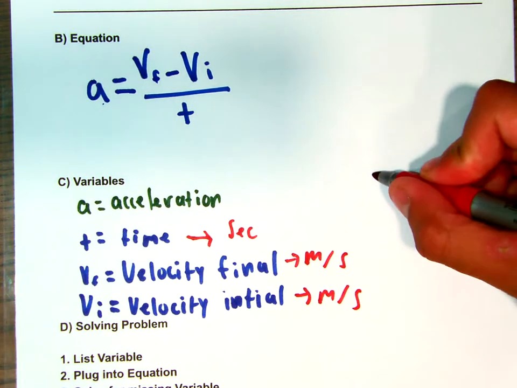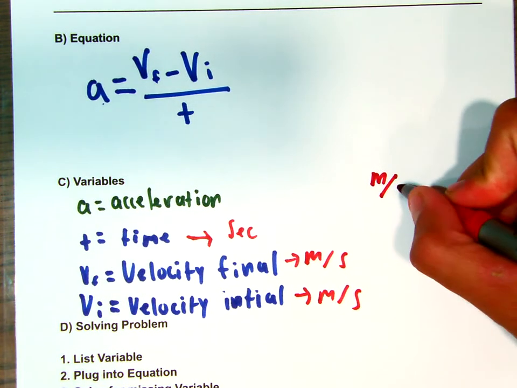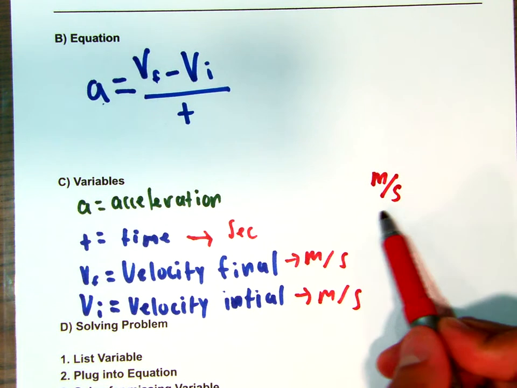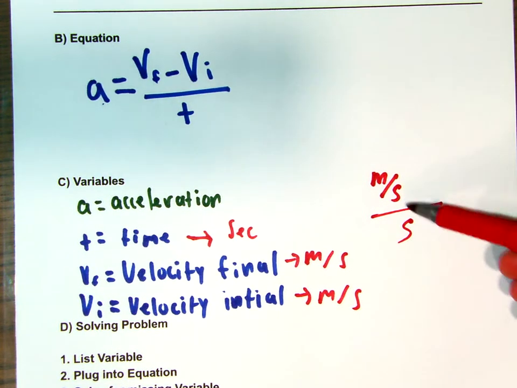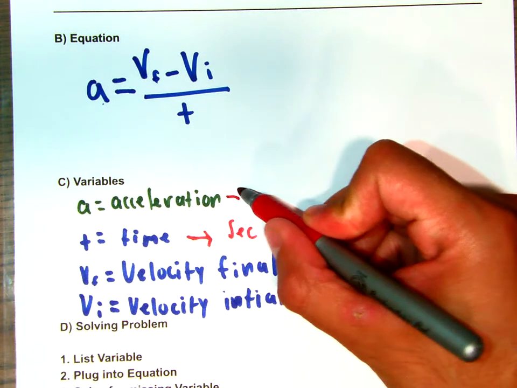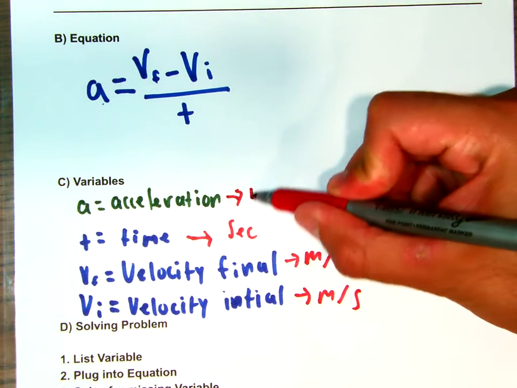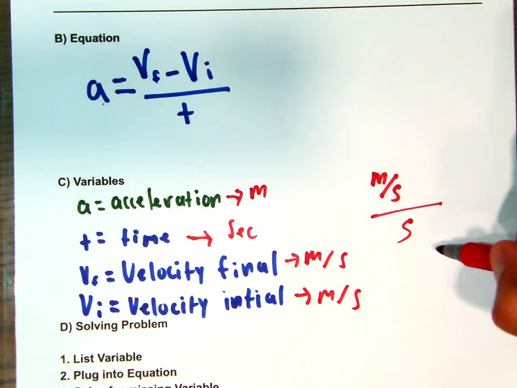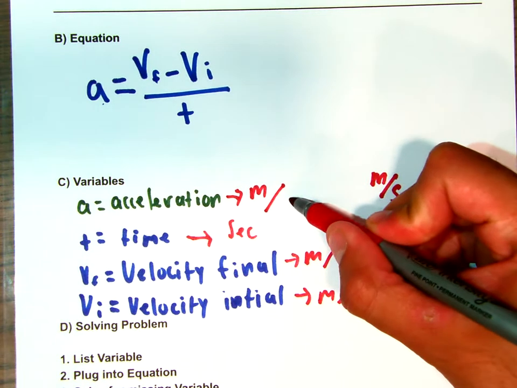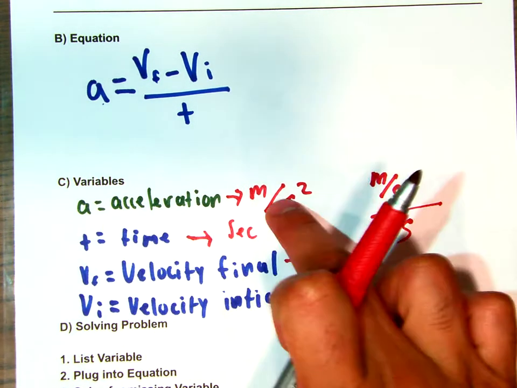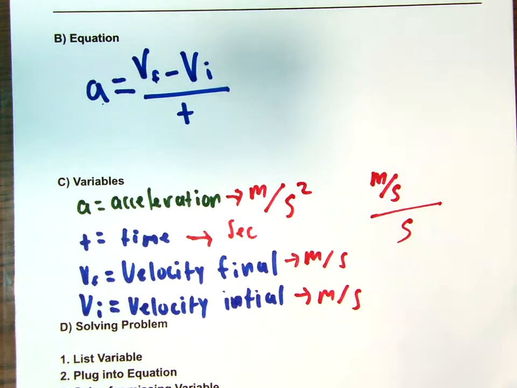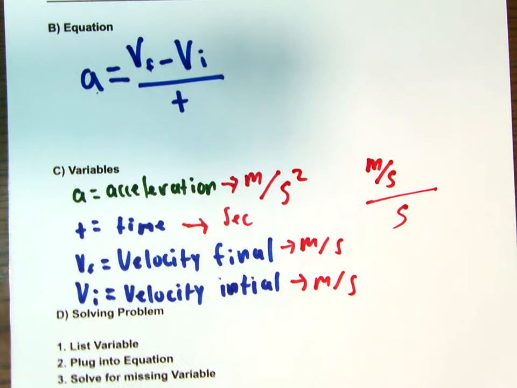In other words, we are going meters per second divided by second. Okay? So when we have something like that, we actually bring this to the bottom. You don't have to know why. You just have to remember that acceleration has the units of meters. If I bring this to the bottom, I have two S's. So it would be meters per second squared. Okay, so those are my units for acceleration. Those are units that we have not seen before, so that's different, right?